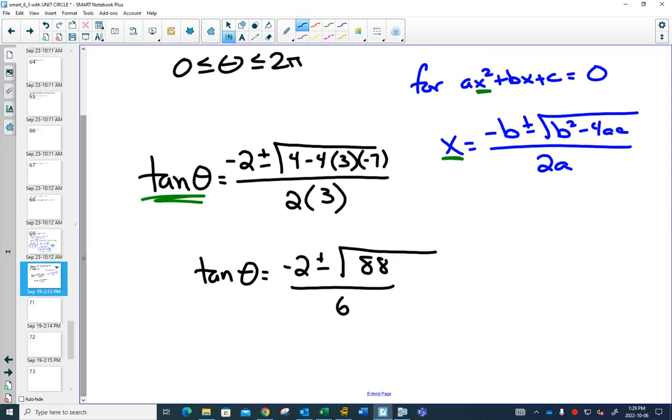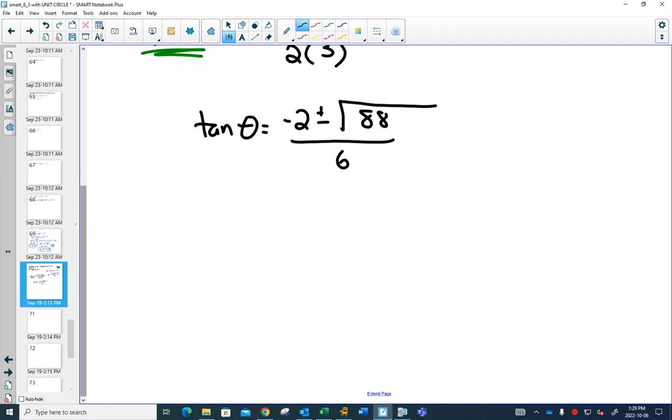Okay. Now, how do we deal with this? First of all, just to check, is that on your unit circle? No, absolutely not. I hope not. Okay? What the plus or minus means is you actually have two separate equations. And at this moment, I'm going to write them separately.